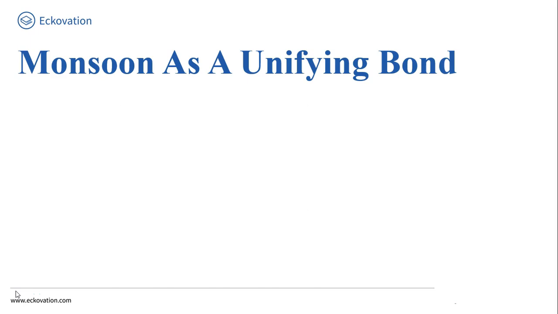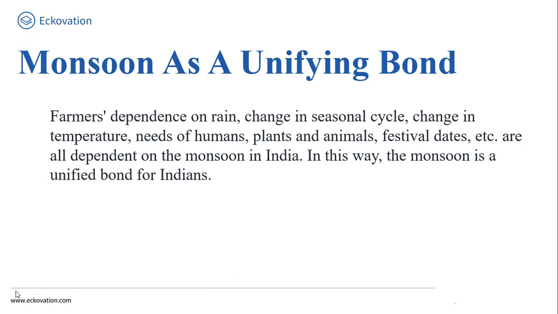My dear friends, the Indian landscape, farmers' dependency on rain, the entire agricultural calendar, the life of the people, the life of animals and plants, festival dates, all are dependent on the monsoon in India. Friends, in India, people from north to south and from east to west eagerly wait for the arrival of the monsoon.